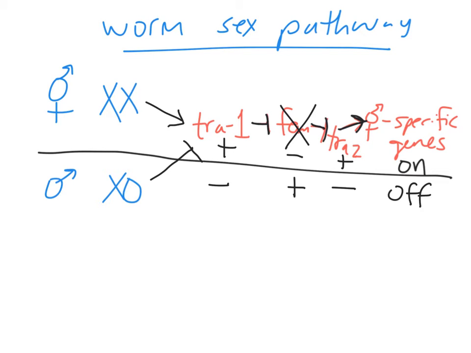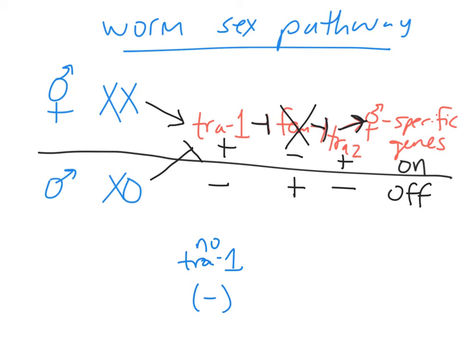What sex would a worm develop as if you had a worm that was a TRA1 mutant? So it didn't have that gene. Let's say that TRA1 gene didn't exist, so it couldn't make the protein. What sex would it be?